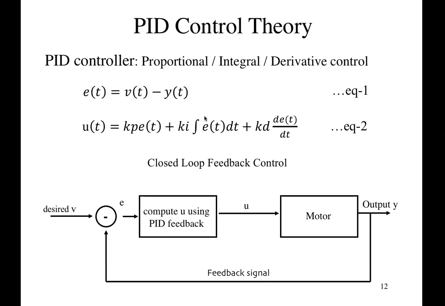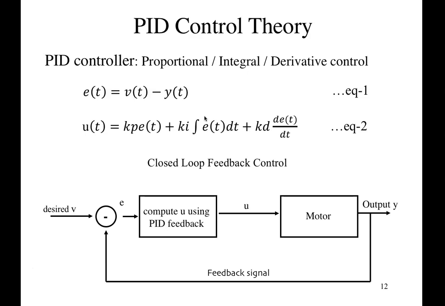Now, this control theory, called PID control theory, is one of the typical controllers that we use to control systems. And perhaps 90 to 95% of industrial controls employ a controller like that.